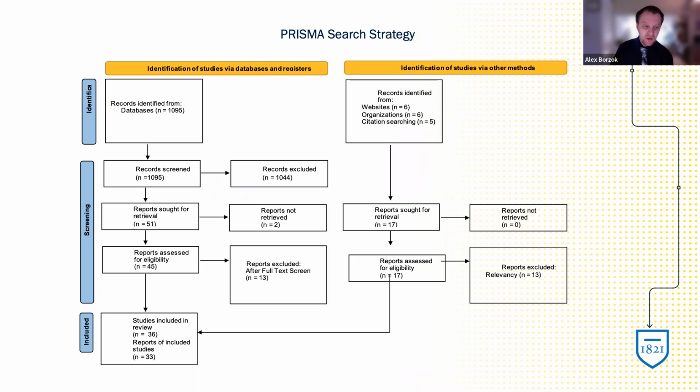Ultimately, 36 studies were included in the formal review, and then 33 of those 36 were actually utilized to develop this evidence-based practice standard that we're going to keep talking about.